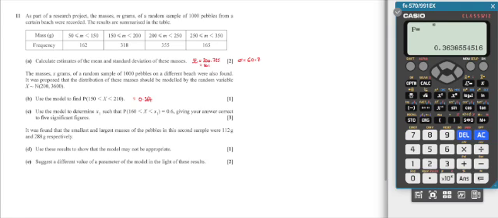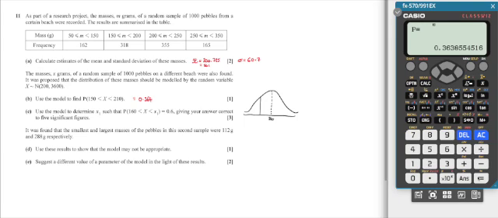What do we know about this? Well, let's draw some normal distributions. We've got 200 there, and we are between 160, which is going to be somewhere about there, and the other one is going to be bigger than 200 because that area there is greater than a half.